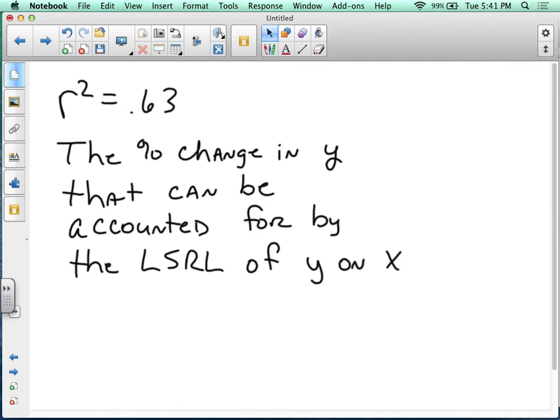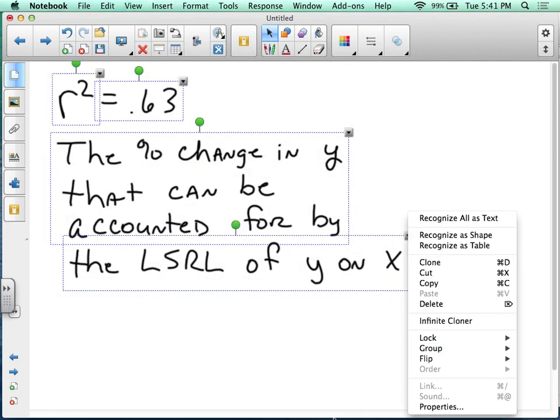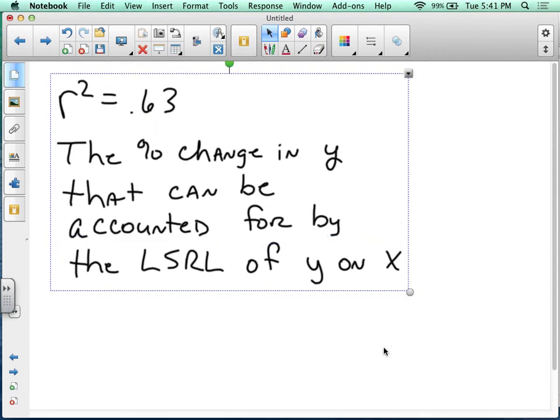What I'm going to do is show you how to write it in the context of the problem. So we're going to group that together.